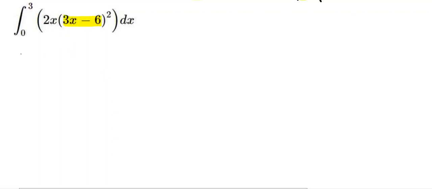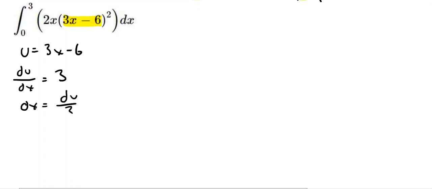So u is equal to 3x minus 6. du/dx, the derivative of that, is equal to 3. Or dx is equal to du divided by 3. And of course, my n is equal to 2. And I believe that's all I need.